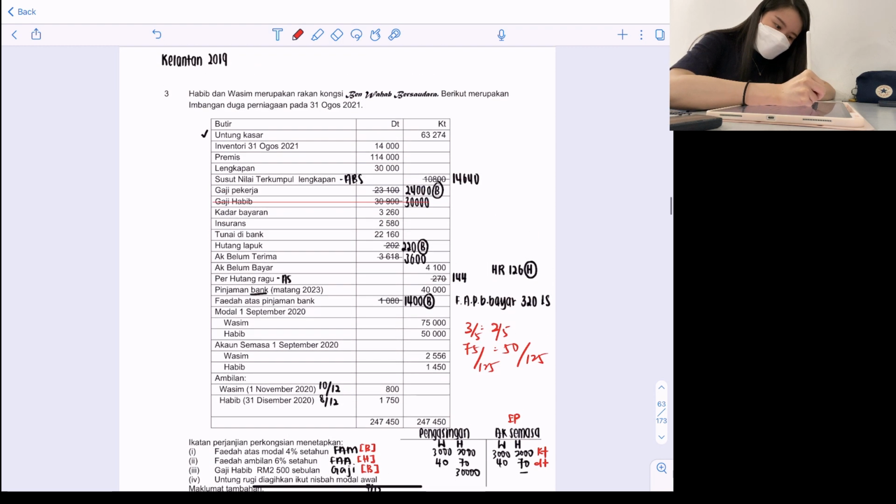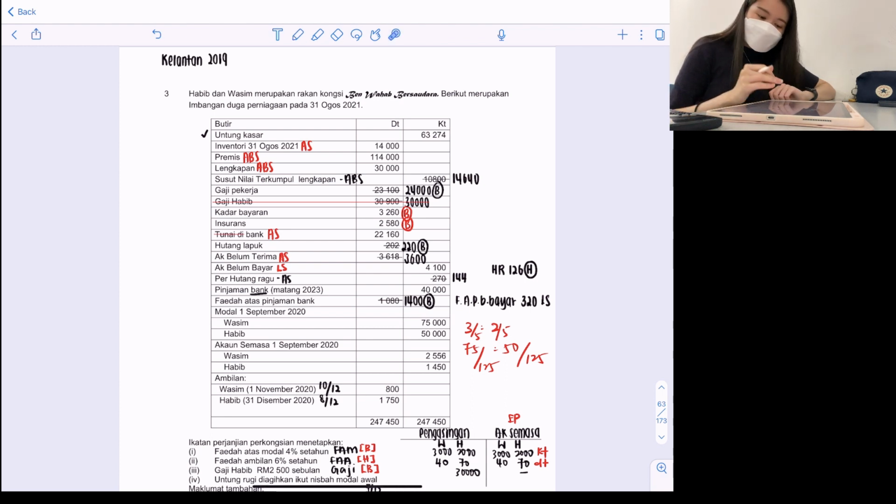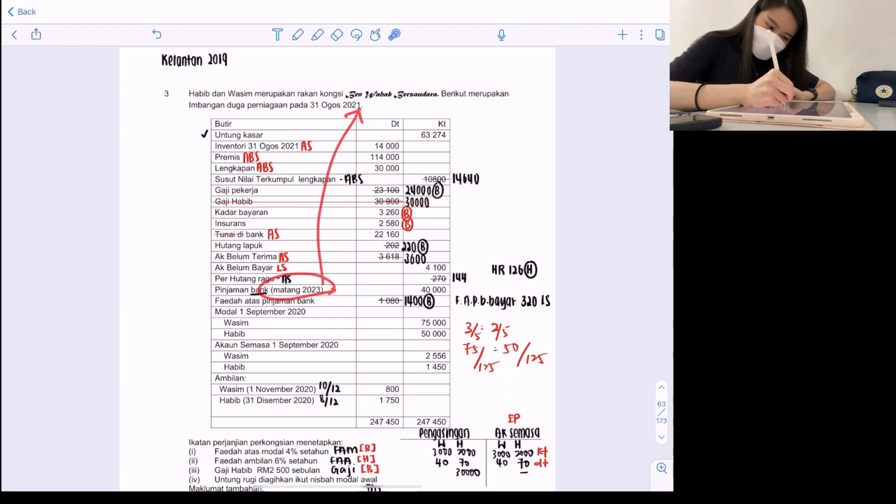Inventory arcade is AS, premise ABS, lengkapan also ABS, and our gaji pekerja is labeled kadar bayaran insurance. Tunai di bank stands for bank. Aset semasa, hutang lapor is done. ABT is AS, ABB is LS, and for the pinjaman matang 2023, it's actually more than a year lah, so it will be LBS.